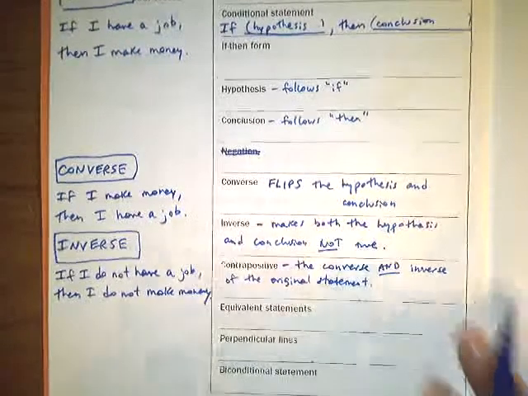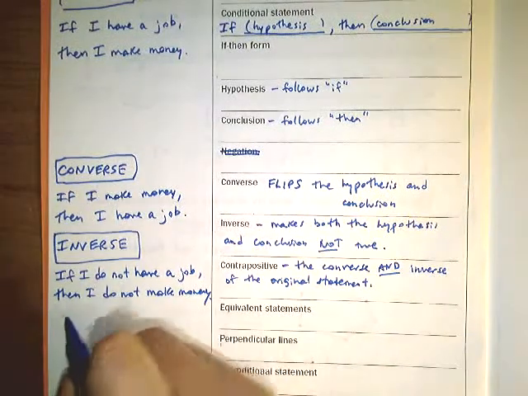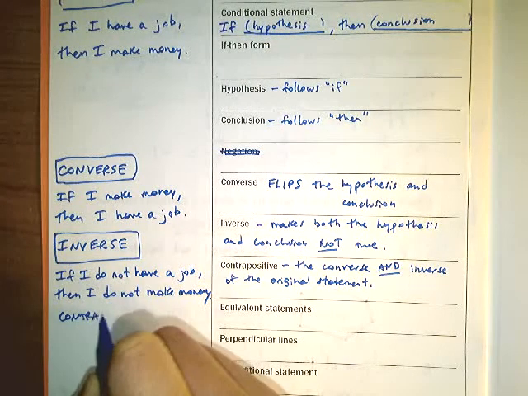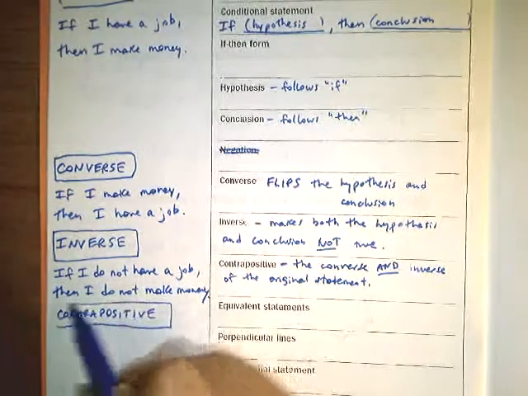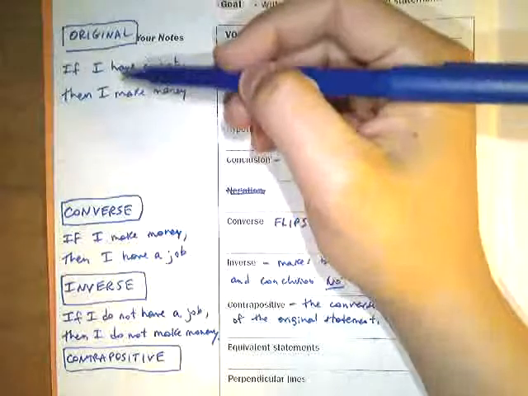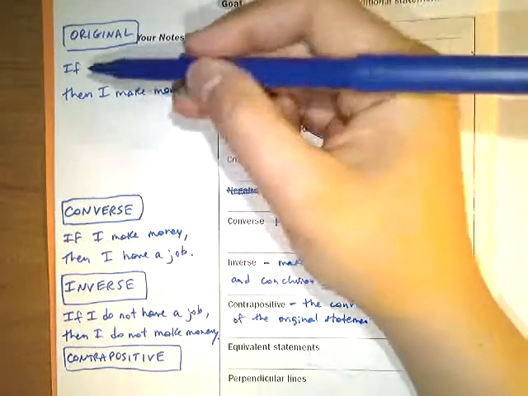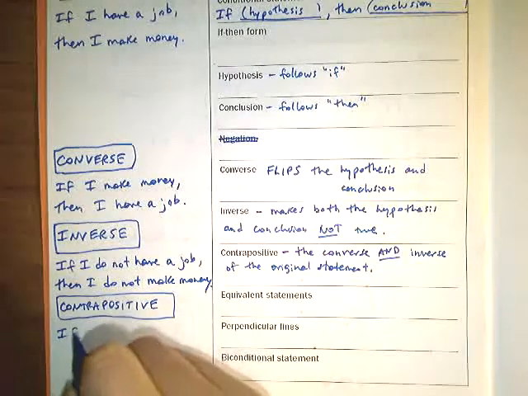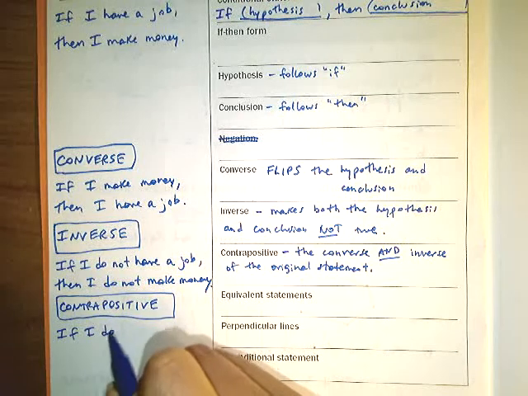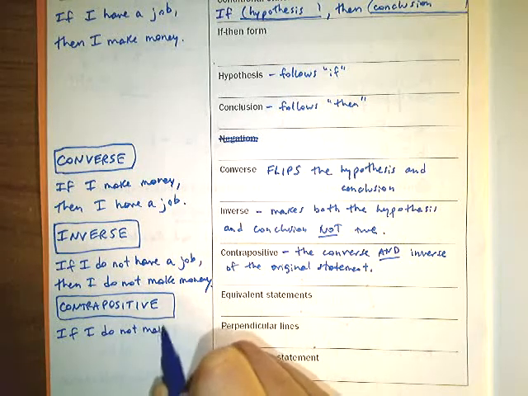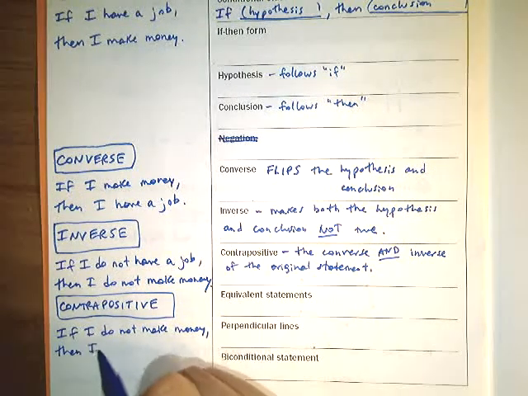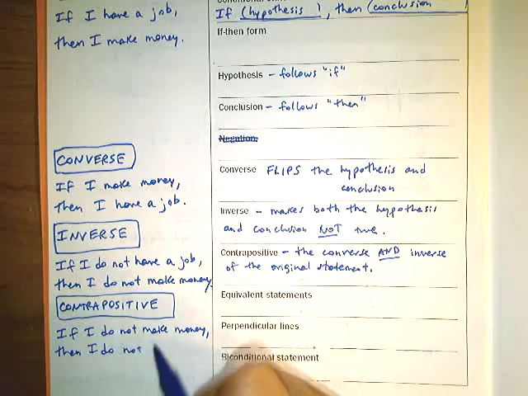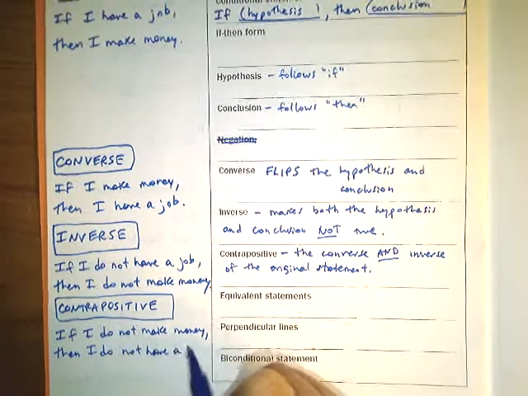So the contrapositive of the original statement flips the hypothesis and the conclusion, and then says that they are both not occurring. So it would be, if I do not make money, then I do not have a job.